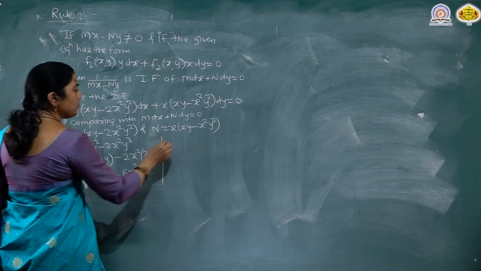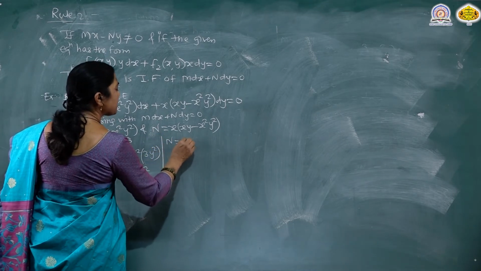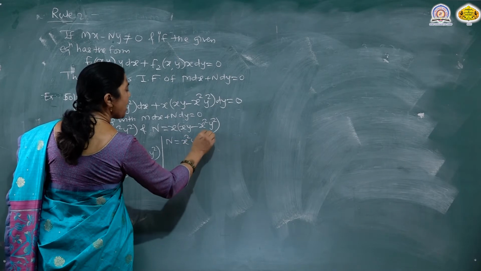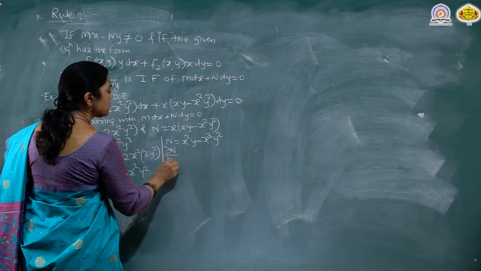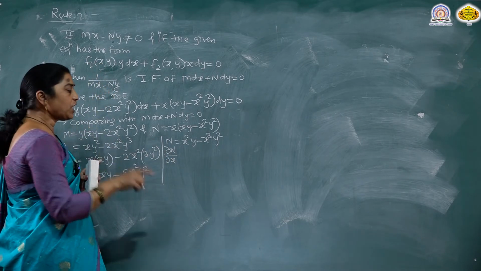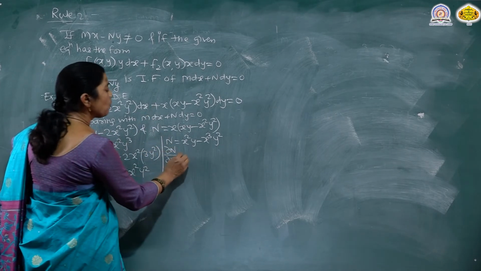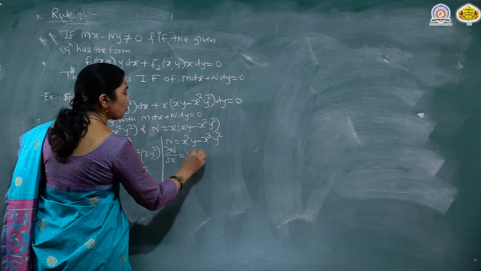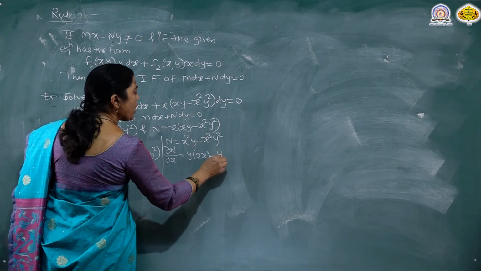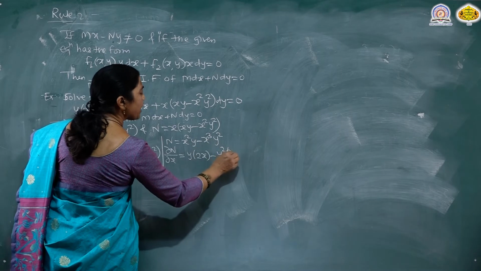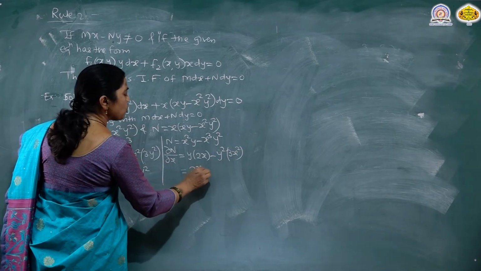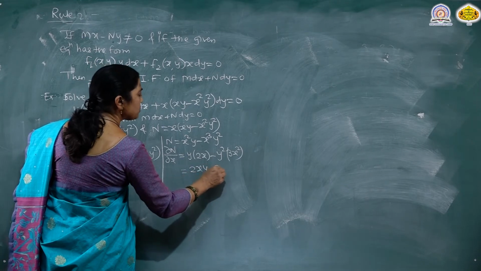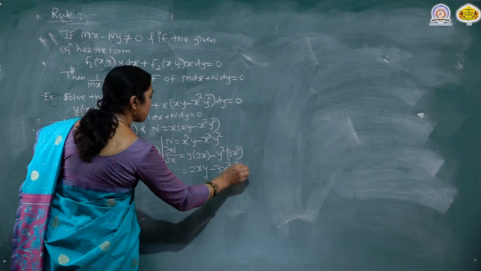Now N becomes x square y minus x cube y square. So what is ∂N/∂x? That is, differentiate with respect to x keeping y constant. The derivative of x square is 2x, y square constant, the derivative of x cube is 3x square. So ∂N/∂x becomes 2xy minus 3x square y square.